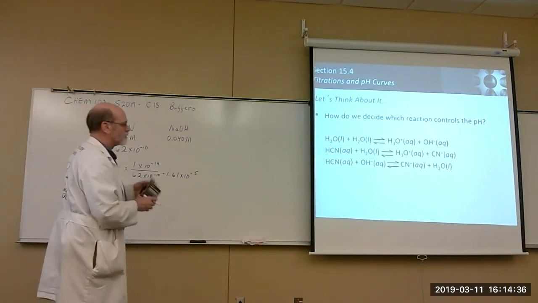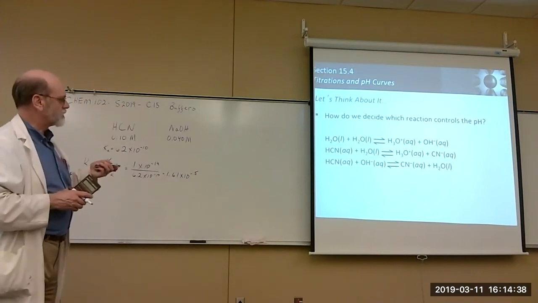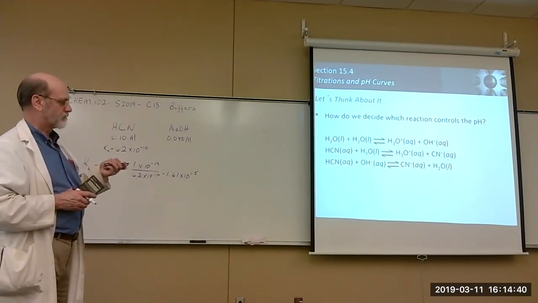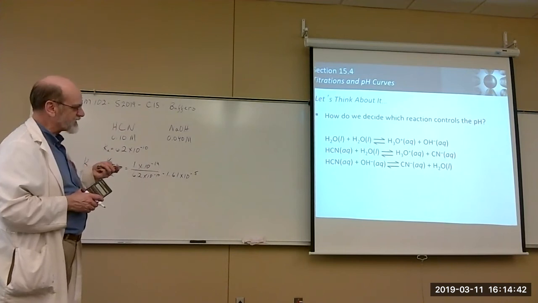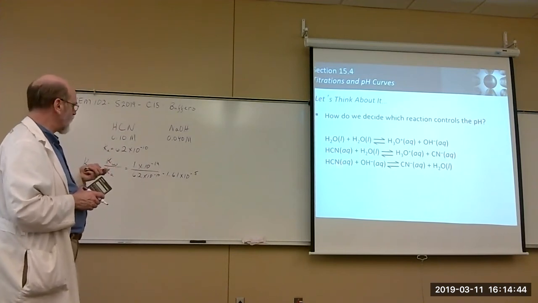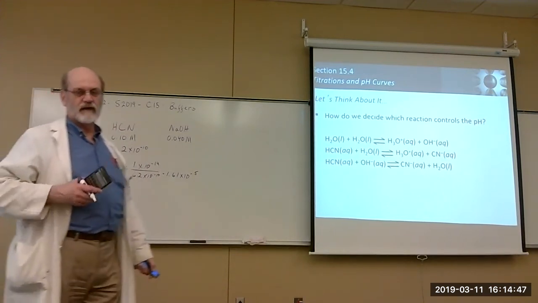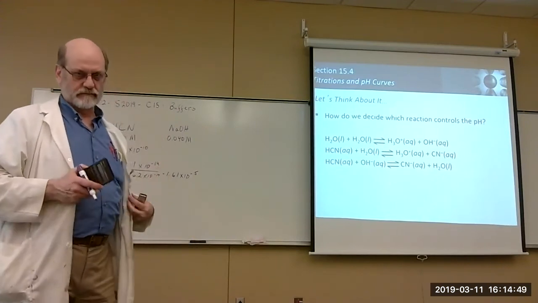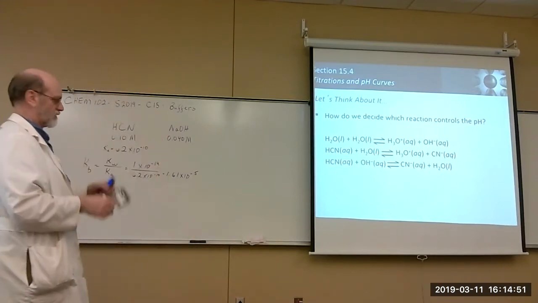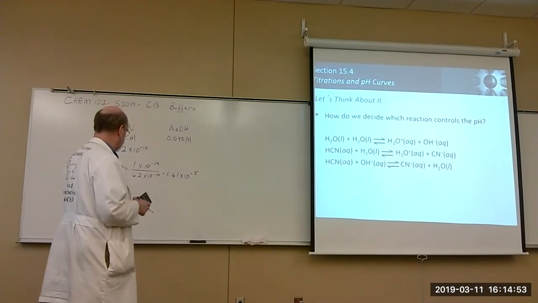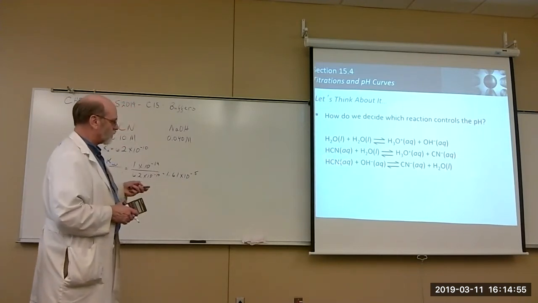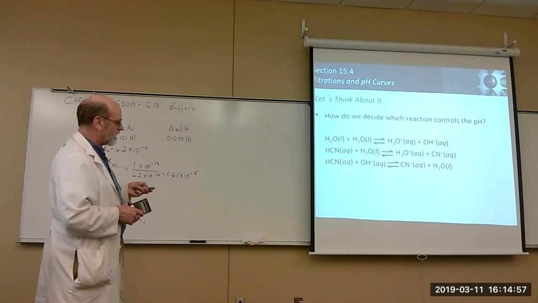So the first reaction is 10 to the minus 14. The second reaction is 10 to the minus 10. And the third reaction is 10 to the minus 5. The bigger number wins. Just remember that. That's your rule. The bigger number wins. So we've determined that this one is 10 to the minus 5. That's the controlling reaction right there.